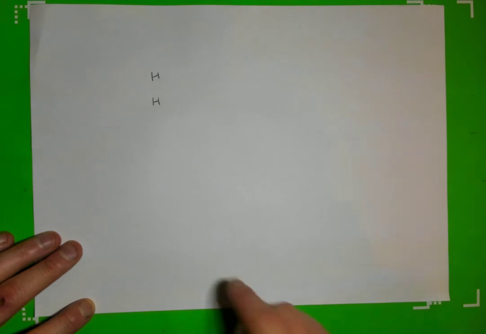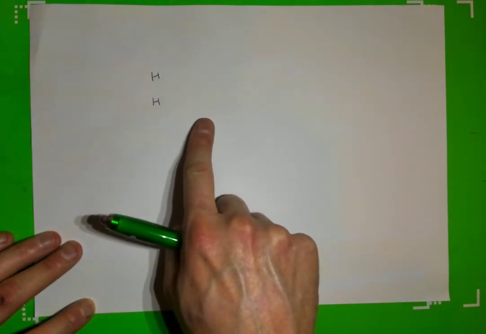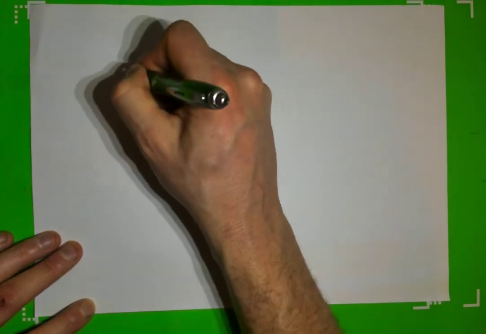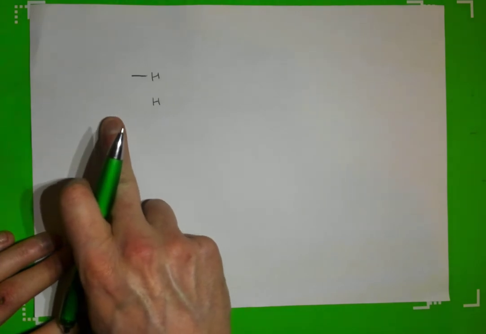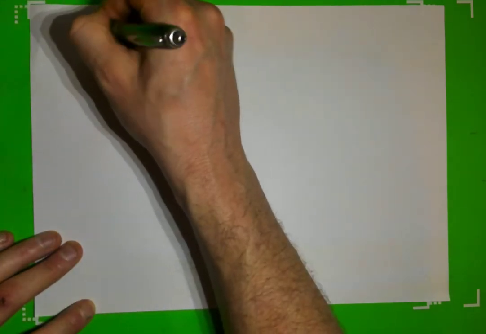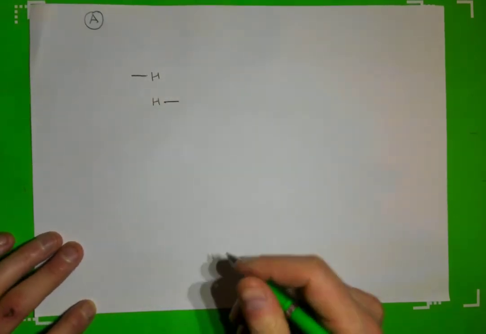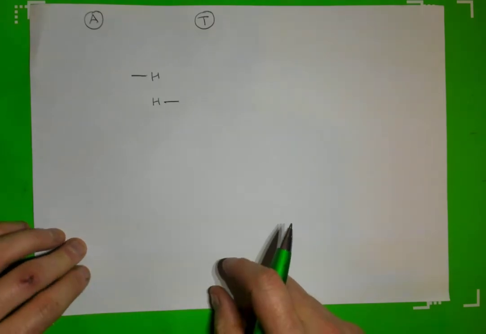I'm going to draw a molecule of adenine here and a molecule of thymine there. And there's the beginnings of my hydrogen bonds. That hydrogen there is going to come from adenine, which is going to be here. So I'm just going to put A there for adenine. And this hydrogen bond here is going to come from thymine, represented by this T here.